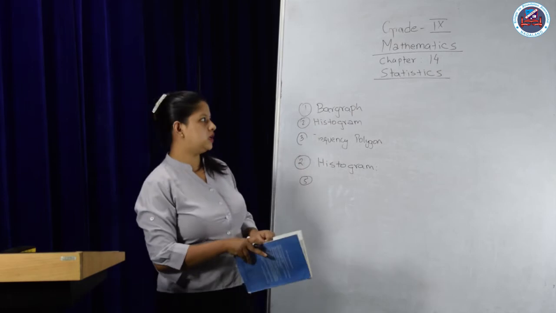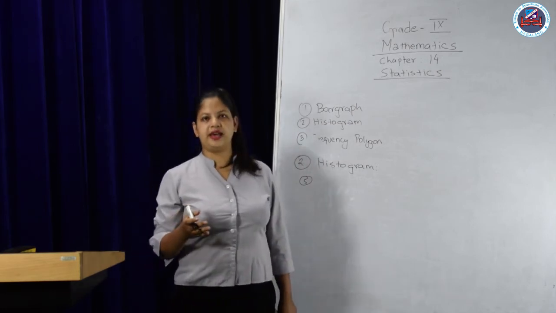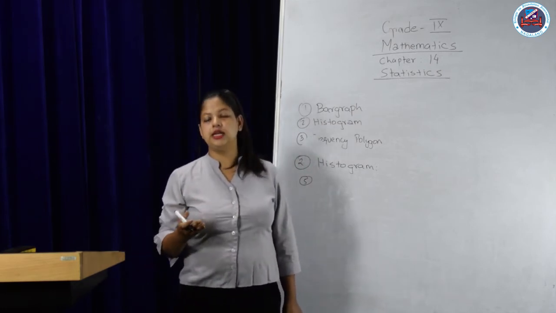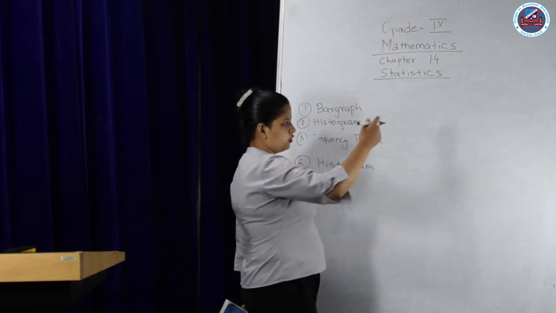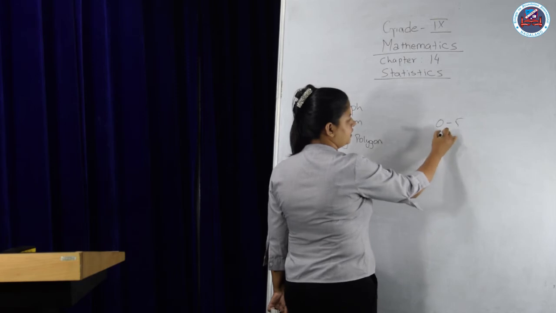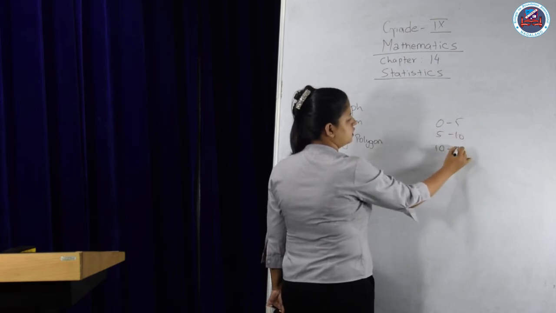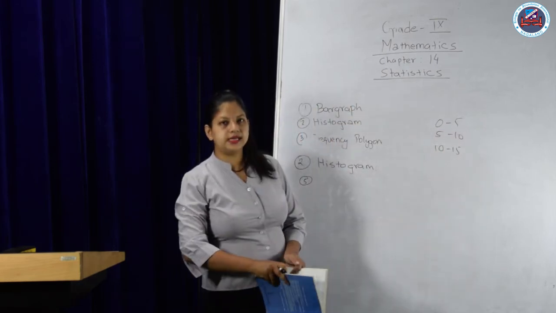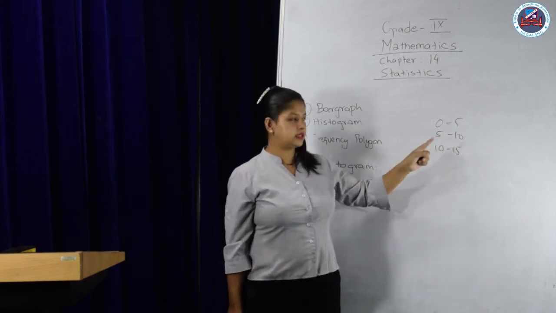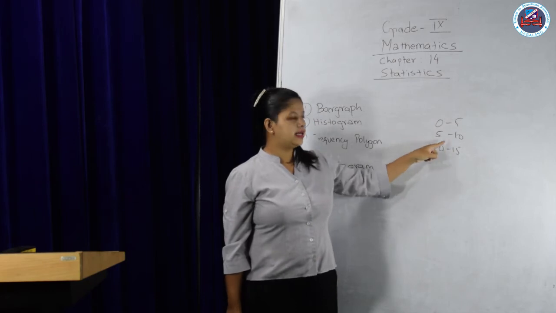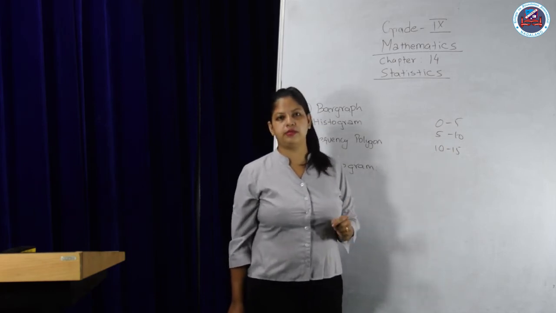But remember, in order to have a histogram, it should have class interval data. That is where the class sizes are equal. You know, before which we did like 0 to 5, 5 to 10, 10 to 15, goes on. But in case these numbers are not the same, though it may be class interval data, without these numbers being equal, in that case you have to make them equal.